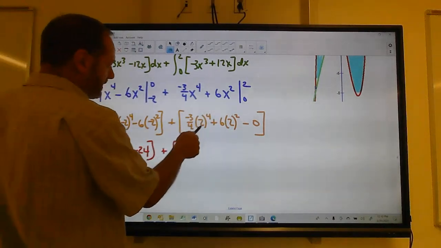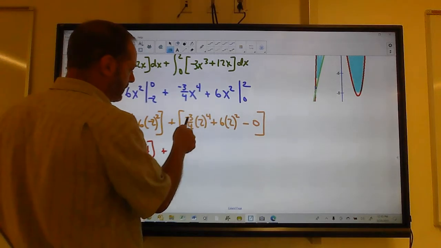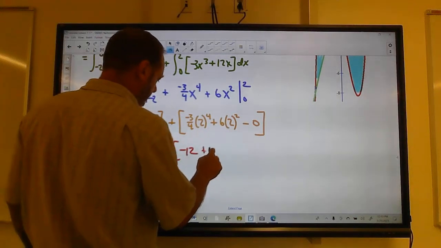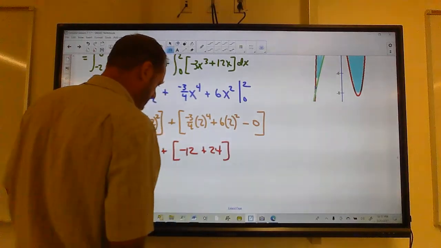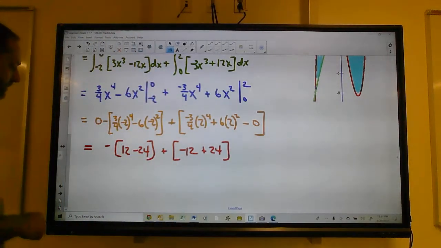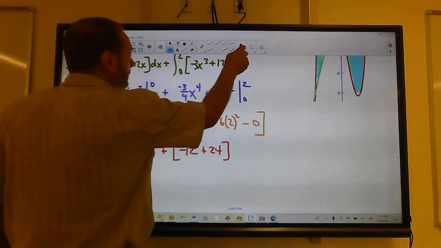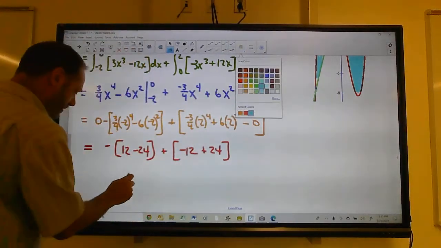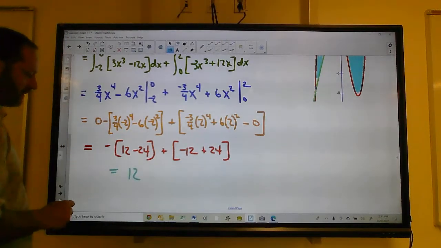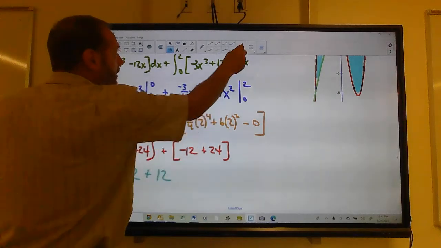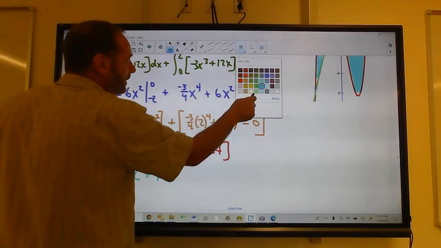And then this is going to be 16 divided by 4 is 4 times, that's going to be negative 12 right there. And this is going to be plus 24. Okay, so this is negative 12, but it's positive, so this ends up being 12 plus 12, which comes out to be a nice 24.